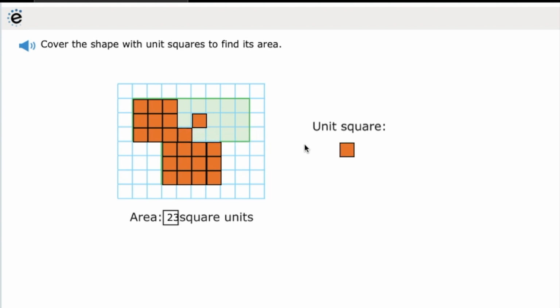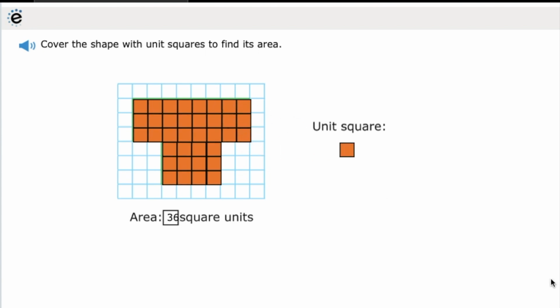Almost there. These squares obviously do not like me, but okay. Almost done, almost done.